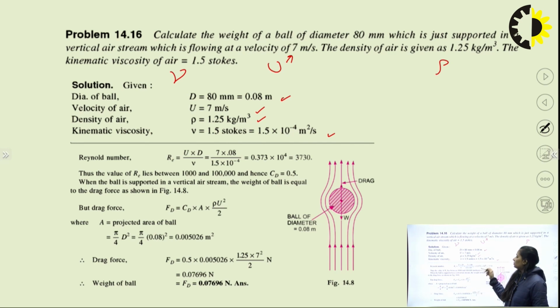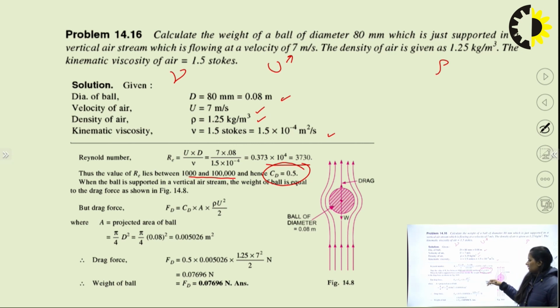The kinematic viscosity is given as 1.5 multiplied by 10 to the power minus 4 meters square per second. Reynolds number is coming as 3730. This value lies in between 1000 and 100,000, for which range the CD is 0.5.